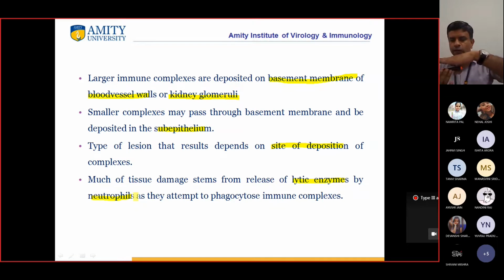Smaller complexes are now beneath the basement membrane, and when neutrophils arrive, the neutrophil will try to eat it. But obviously it is not getting proper access to this complex. So what will the neutrophil do? It will start releasing lytic enzymes to destroy this region so that it can reach the antigen. So it will start destroying the tissues so that it can reach the immune complex.